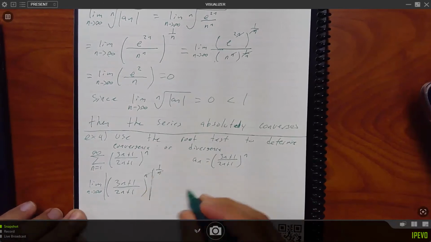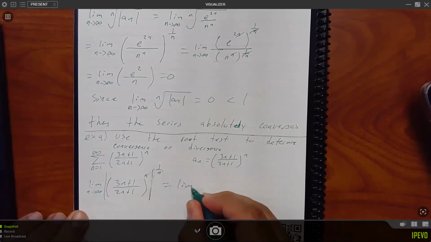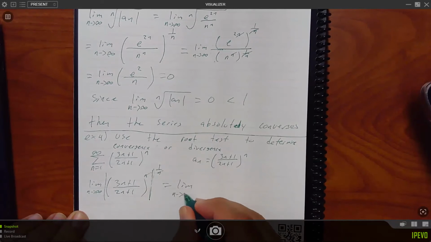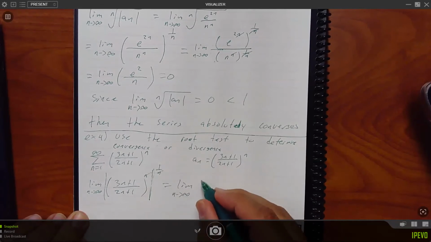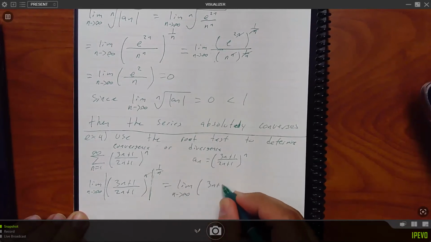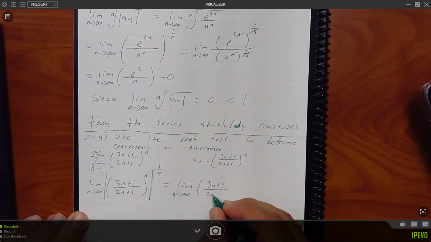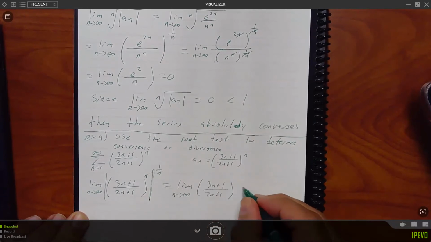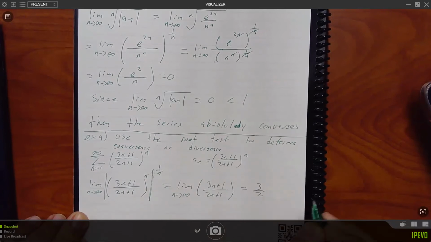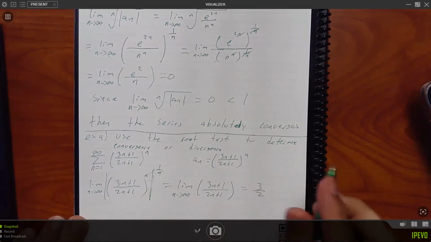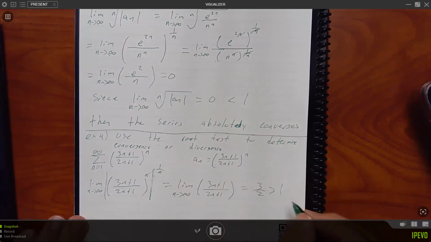These are gone. So we get the limit as n approaches infinity of (3n plus 1) over (2n plus 1), which is 3 over 2, right? Which is greater than 1.